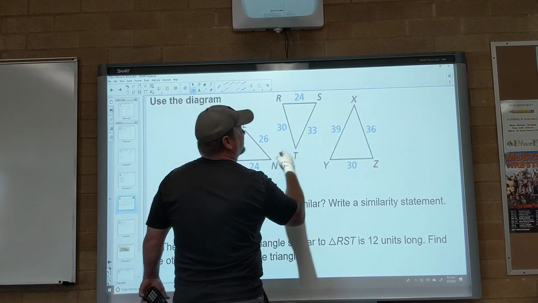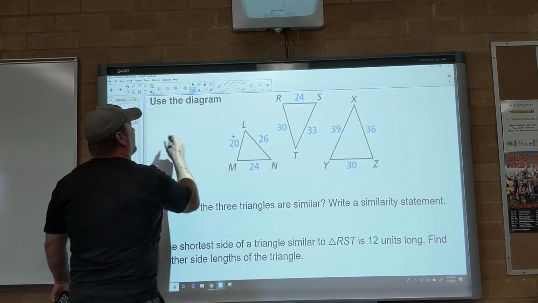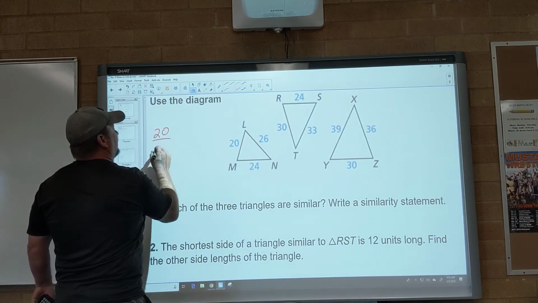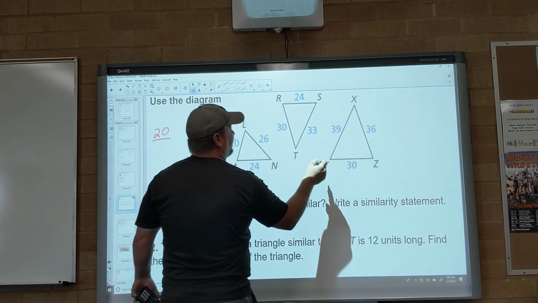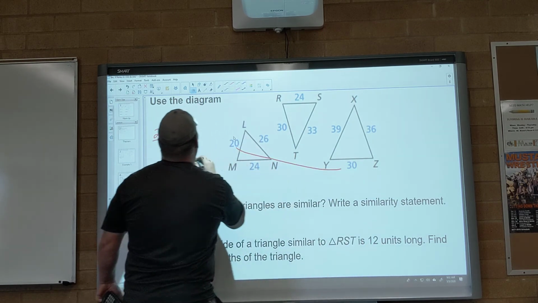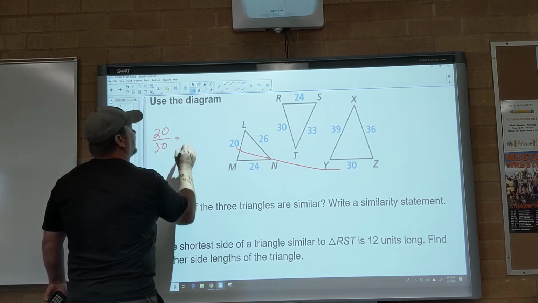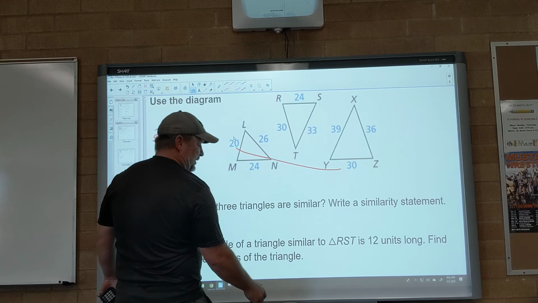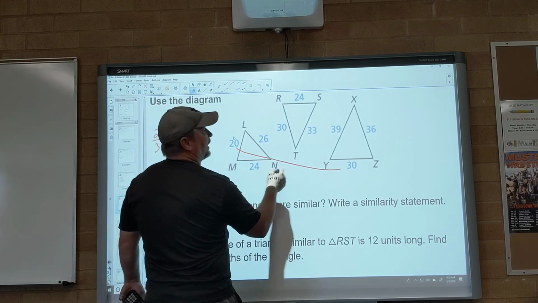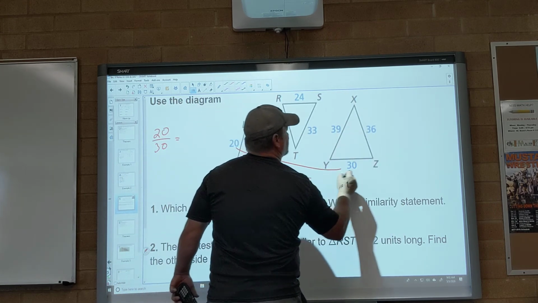So now I'm going to test this one with this one. So small again, so 20 over smallest number, and the smallest number here is 30, equals, now let's go medium and medium again. So medium is this one, 24, and the medium is the 36.